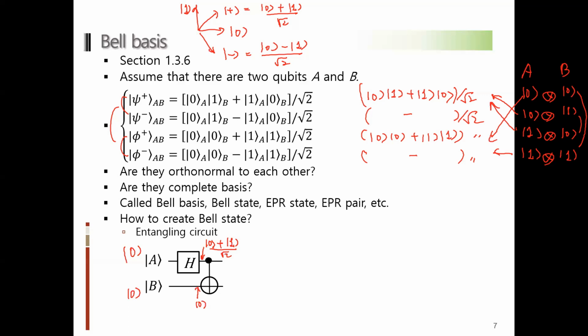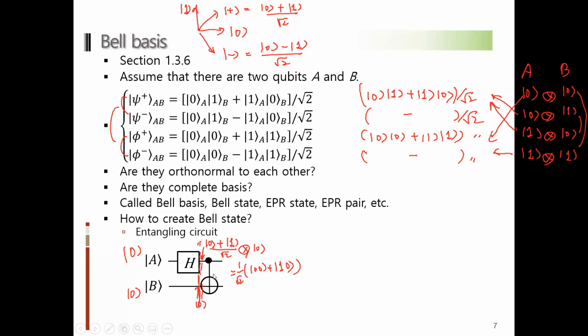So the state at this point can be expressed as zero, and then this can also be expanded as 0 0 plus 1 0 at around this point.